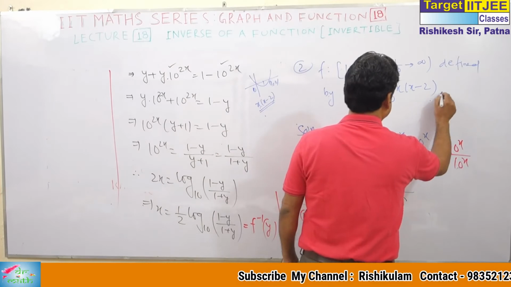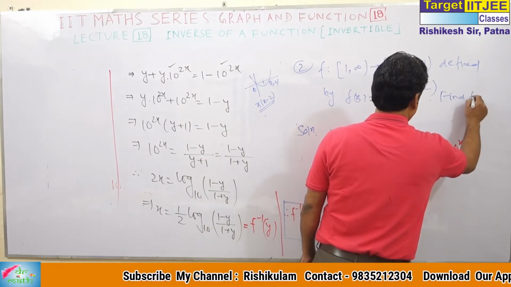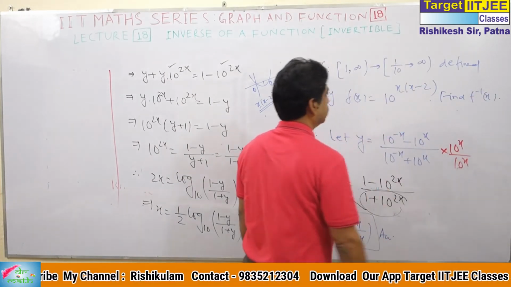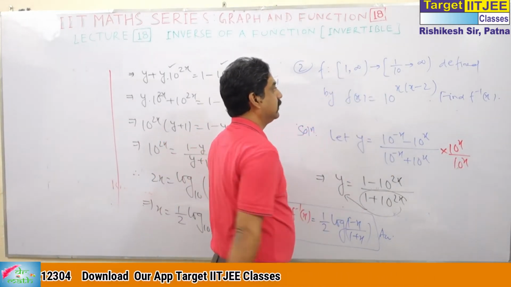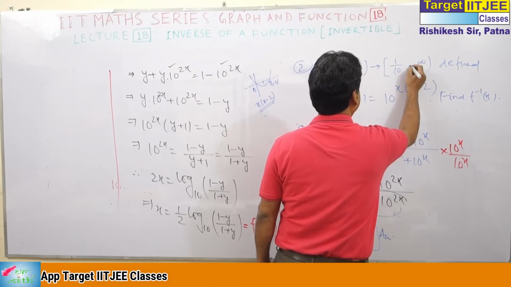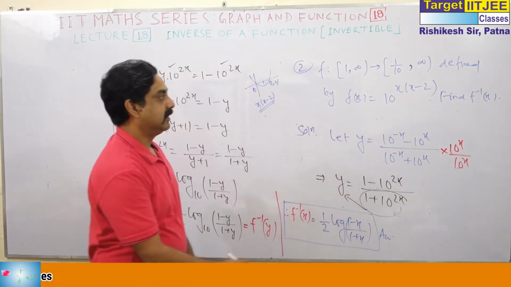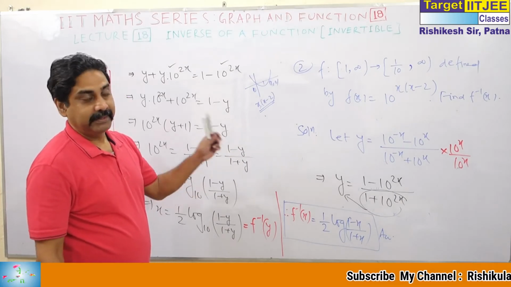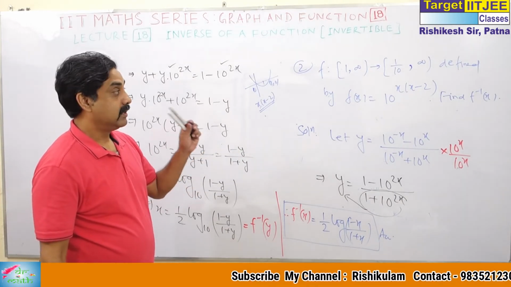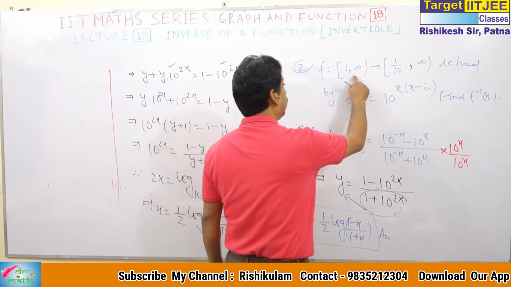Find f inverse x. Now, in the previous question, I haven't given this type of condition. But in this question, I have given the condition. Why have I given the condition? I will explain later.